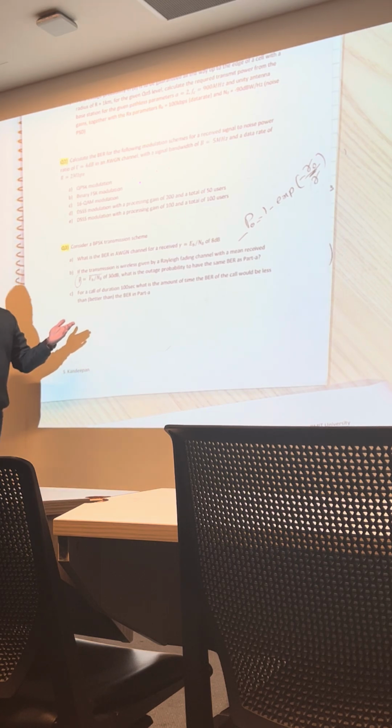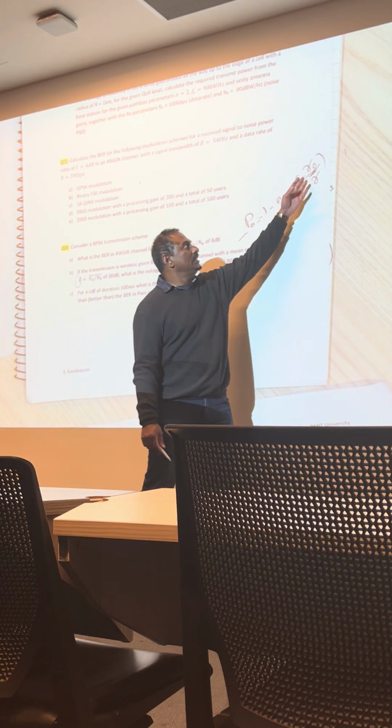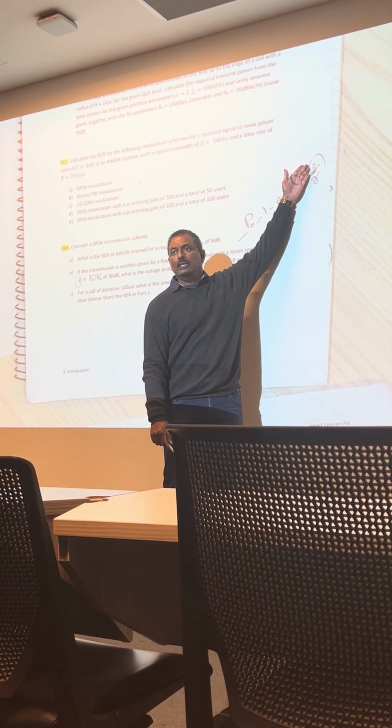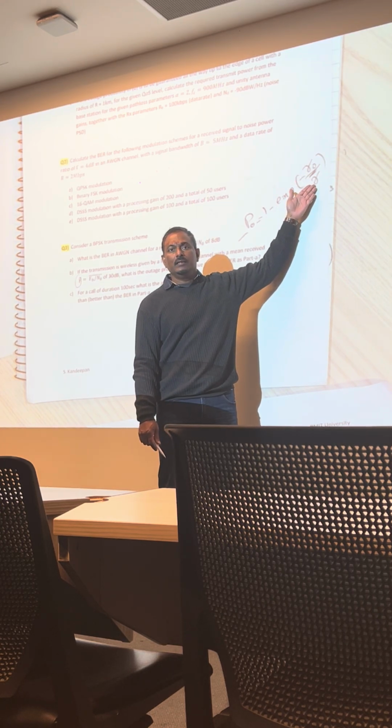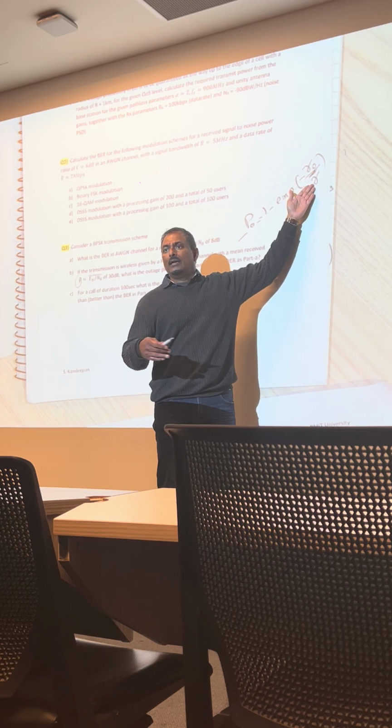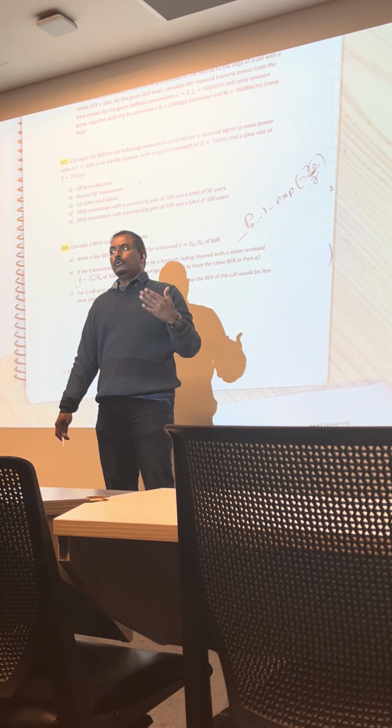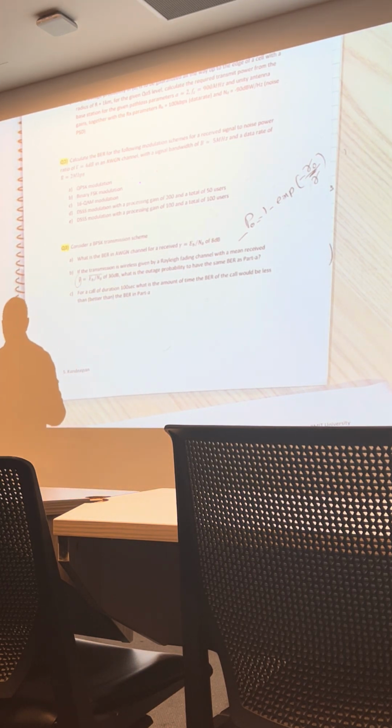In other words, it's just common sense: you need 8 dB only to achieve the bit error probability, but on average you're getting 30 dB in the random environment. So there's a very high chance that you will get at least 8 dB, and the chance is 1 minus this P0 value. That's how you understand the problem.